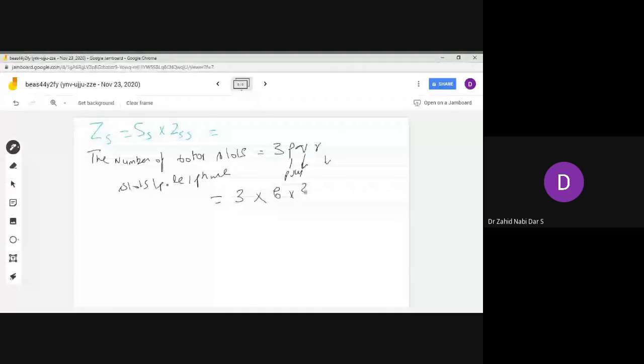Number of poles 8, number of phases 3. So it's a three-phase machine, and you get it around 72.